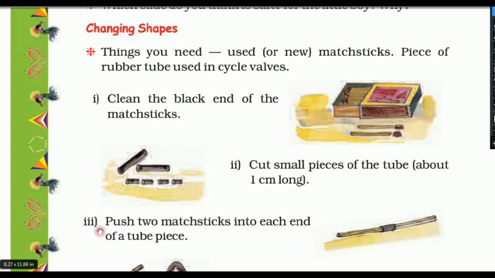Now third step, push 2 mastics into each end of a tube piece. So here there are 2 ends and you push 2 mastics into each end of a tube piece.